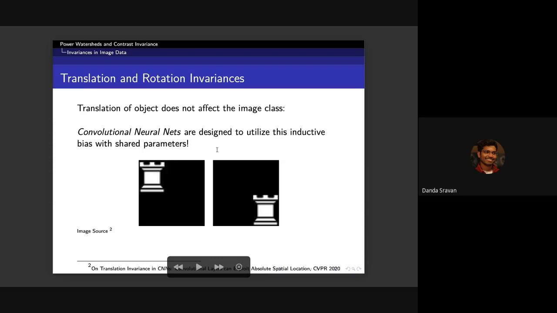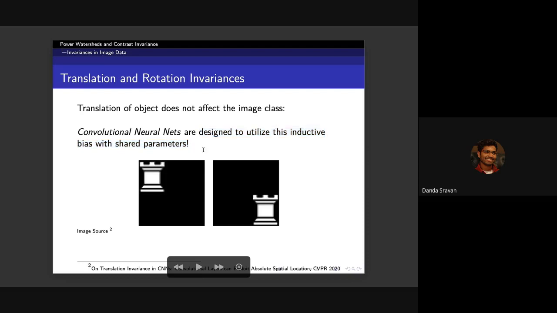This has been very well known, and convolution neural networks have been designed so as to utilize this particular inductive bias. This is done with the usage of shared parameters. They use a convolution window, and these parameters are shared across the spatial coordinates.